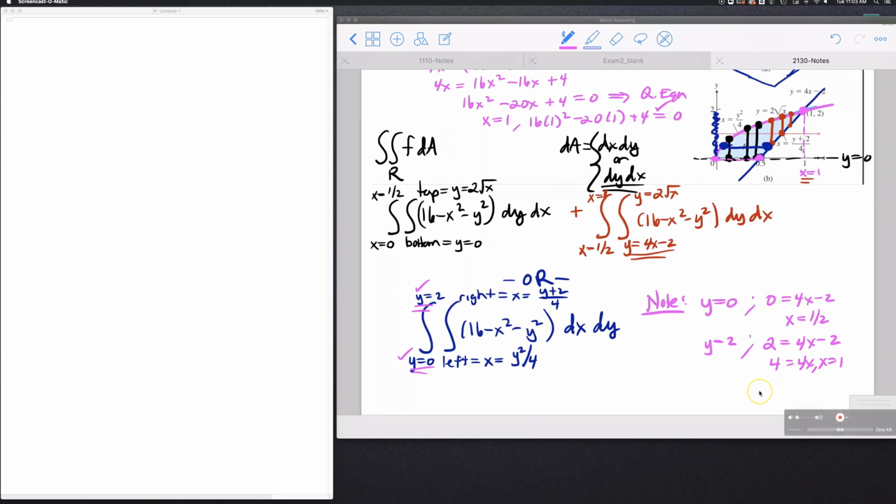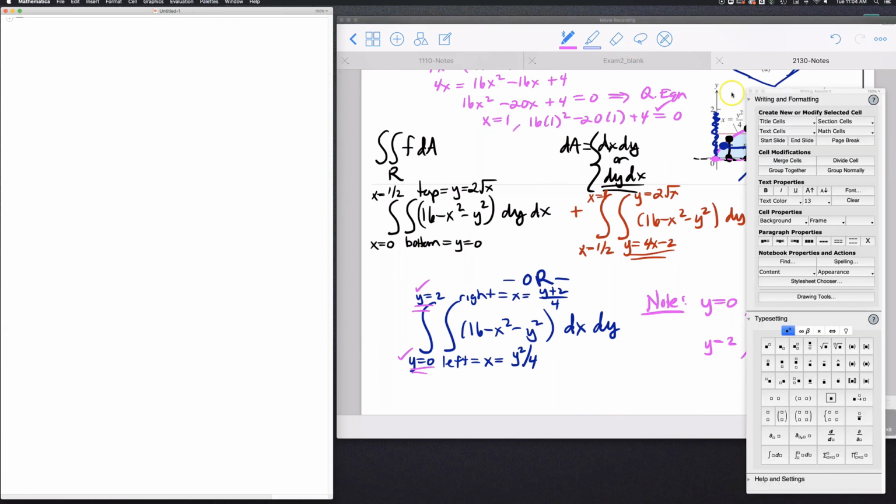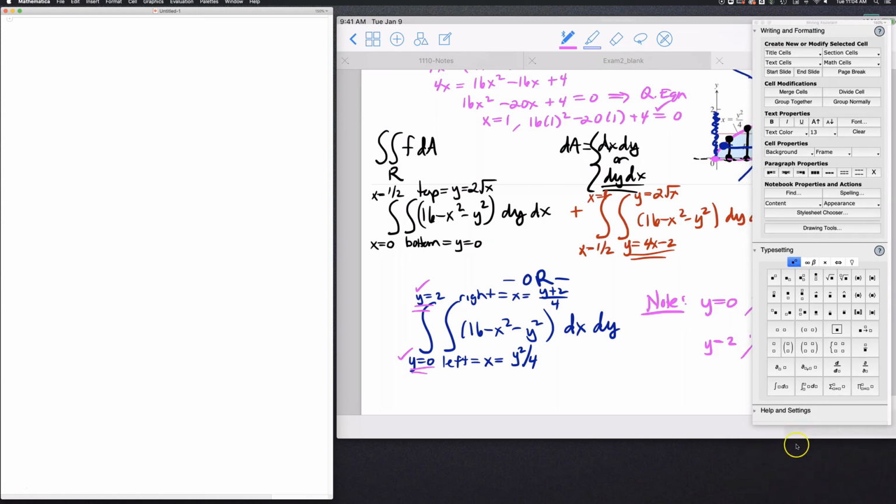Now we have two choices, two different integrals to evaluate, and we can check that these integrals compute to be the same thing. Let's check and see what the answer is going to be. Let's do the easiest one first. Let's only type a single integral, the dx integral first.